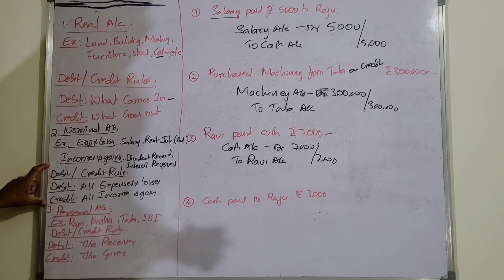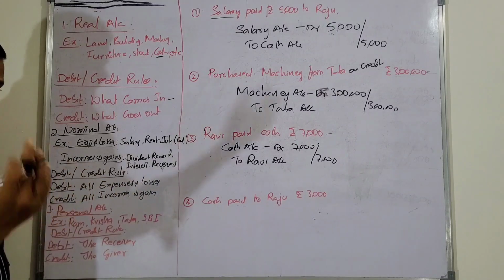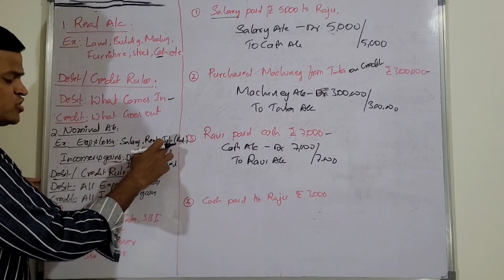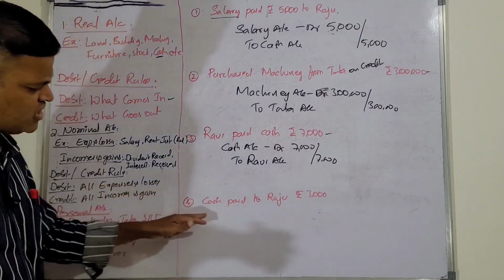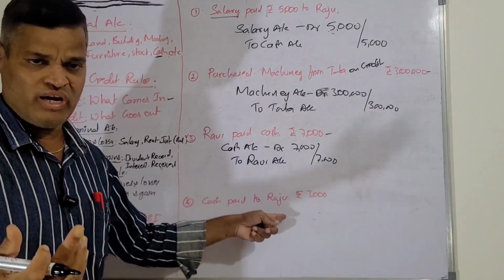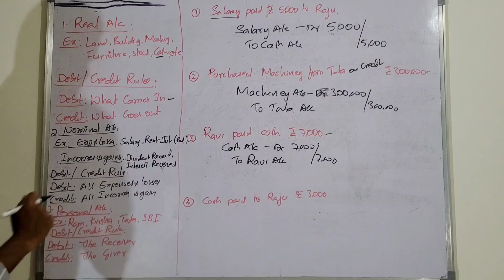Then we have to check according to nominal accounts. According to nominal account, when we have to debit, all expenses and losses. What are the examples of expenses and losses? Salary paid, rent paid, interest paid, like that. In this transaction, is any expenditure there? No. We know the examples of expenses. No expenditure is there. Then we have to check according to personal account. According to personal account, debit the receiver.